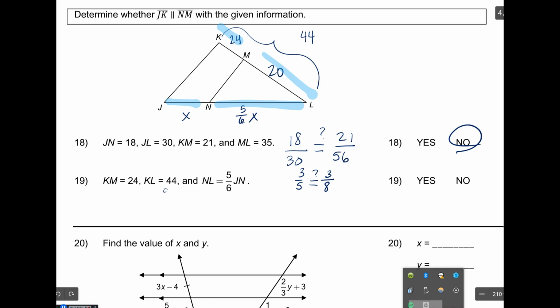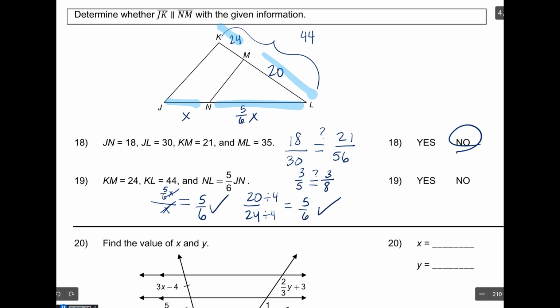So if I do 5/6x over x, what does this give me? I want to see what the proportion is. So x cancels out, and this is 5/6. And if I do 20 over 24, let's divide both of these by 4. That's also 5/6. They have the same ratio. They have the same proportion.